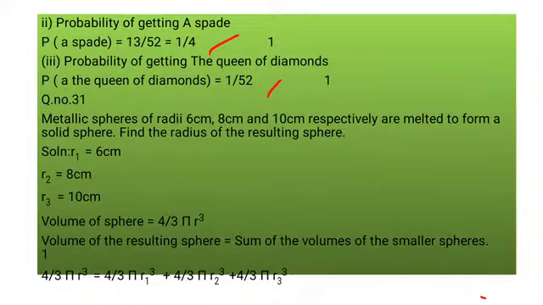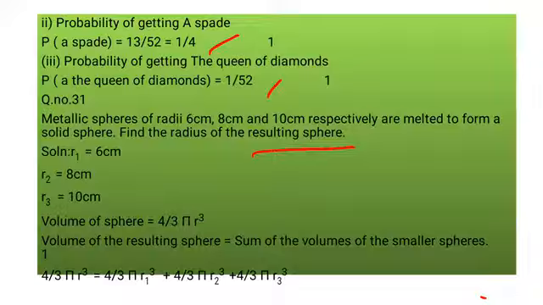Question number 31. It is based on solid figures. Metallic spheres of radii 6 cm, 8 cm and 10 cm respectively are melted to form a solid sphere. Find the radius of the resulting sphere. So solution: r1 is equal to 6 cm, r2 is 8 cm, r3 is equal to 10 cm.